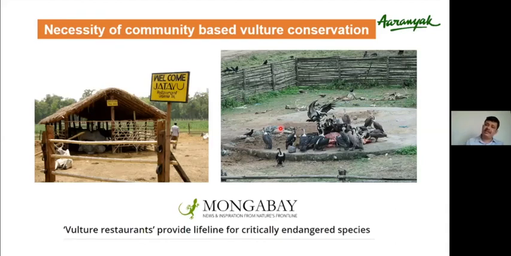Then in 1966, the vulture restaurant was started in Africa, and it became very successful. The same concept was started in 2006 in our neighboring country Nepal, where the vulture population is also reviving.